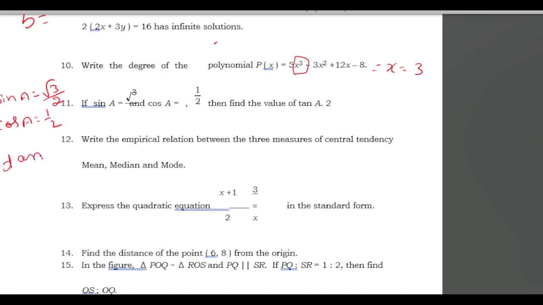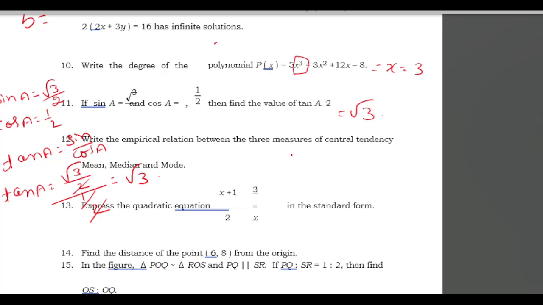Tan a is equal to sin by cos. So tan a is equal to root 3 by 2 whole divided by 1 by 2. The 2s get cancelled. The answer is root 3.